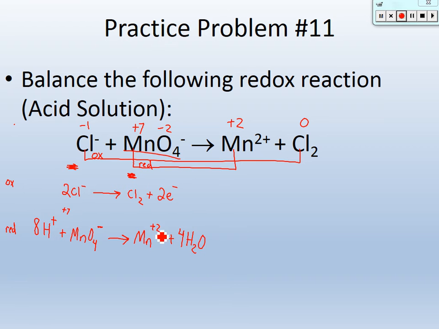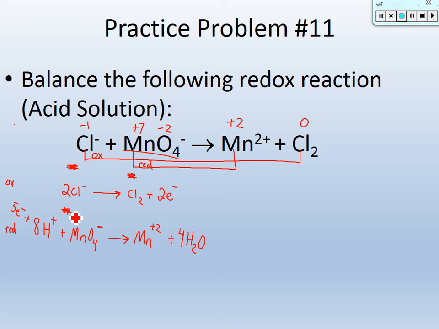This side is +2 and +0, so this side is just +2. Which side needs electrons and how many? The left side needs 5 electrons. Sorry, it's kind of curved up there. So I'm going to erase these because that will balance out my charges now. Okay, step 5 is done.